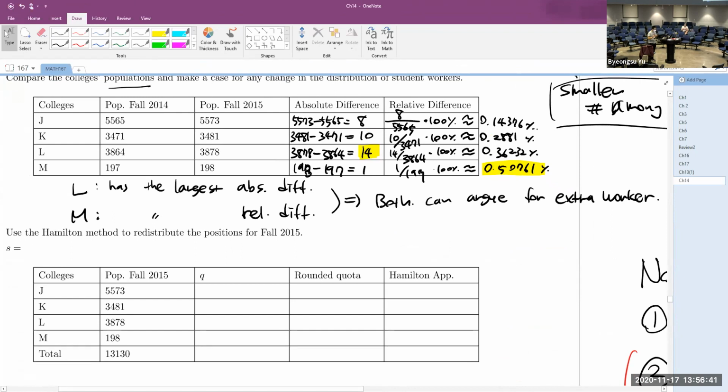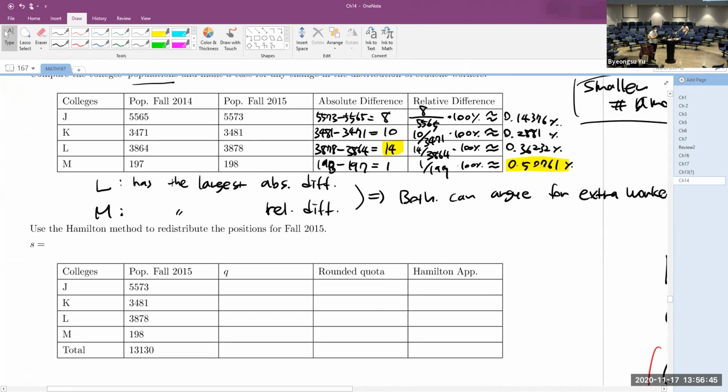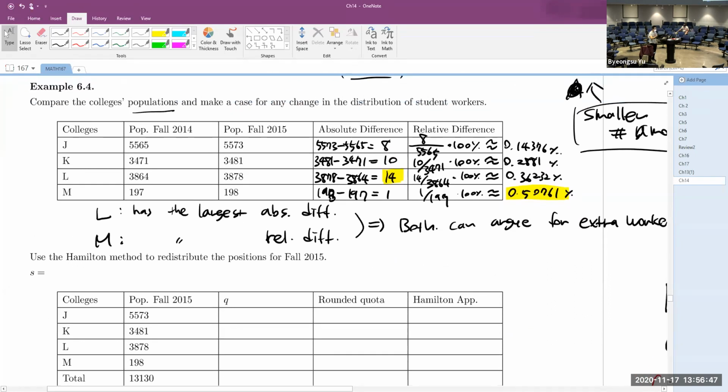To deal with this, you need to calculate these numbers. So, use the Hamilton method. We already calculated example 6.4, which compares the college population and the change in student workers.